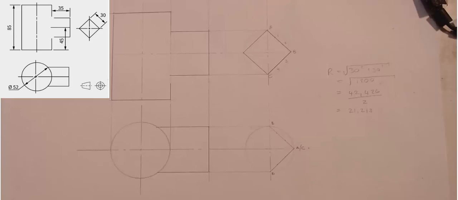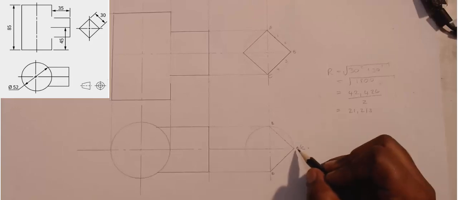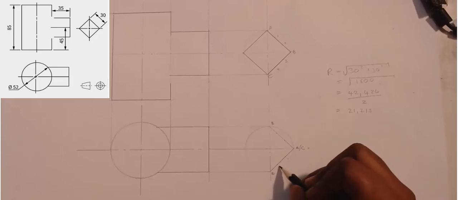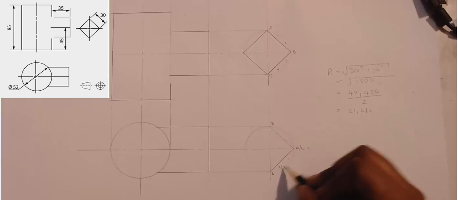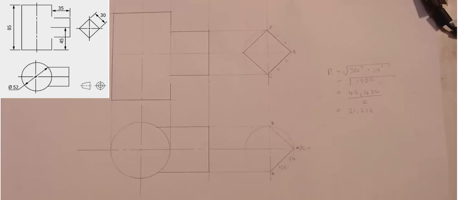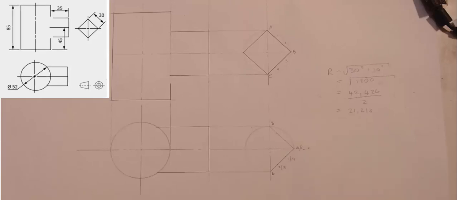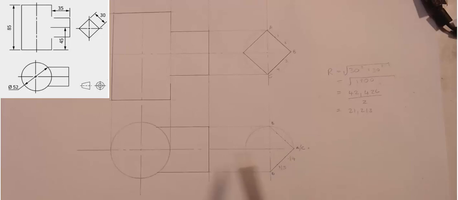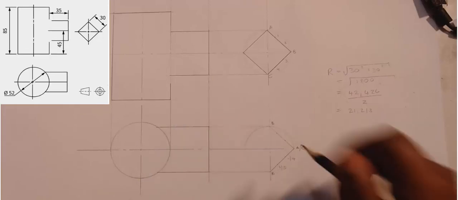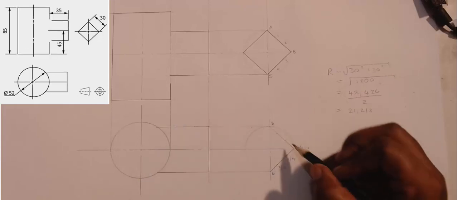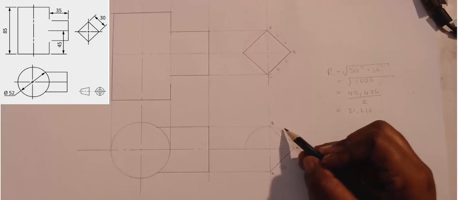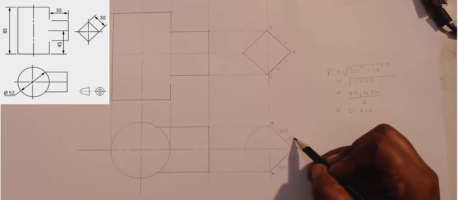Now from A, this means I'm going to have A, 1, 2, right? Then come back, 3 and 4. That's just how we would number so that they can meet. I'll show you how they meet. So basically it's going to be 1, 2, 2 and 3 and 4.